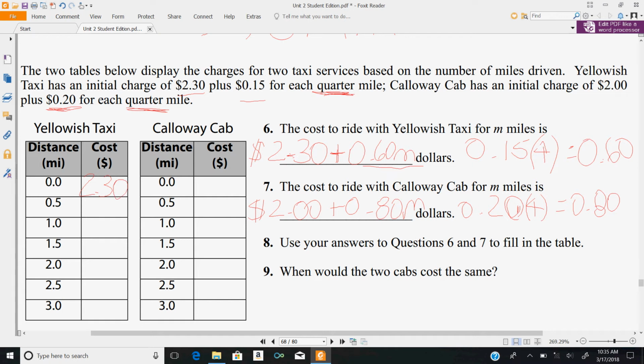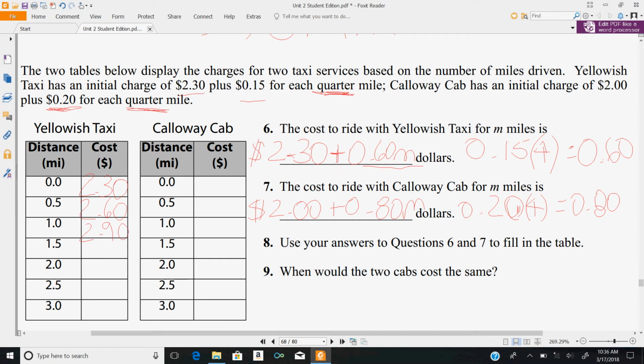If you multiply 0.5 times 0.6, you do that on your calculator, or you can say 0.5 is like a half. Half of 0.6 is 0.3. You add 0.3 to 2.3, you get 2.60. And you can continue that way. 1 times 0.6 is 0.6. Add that to 2.3, you get 2.9.